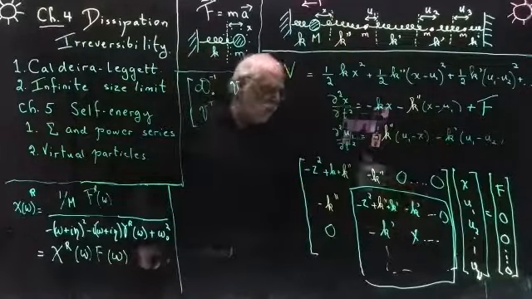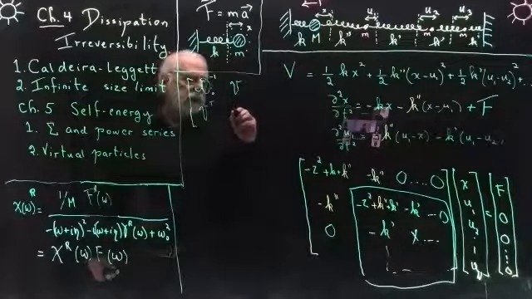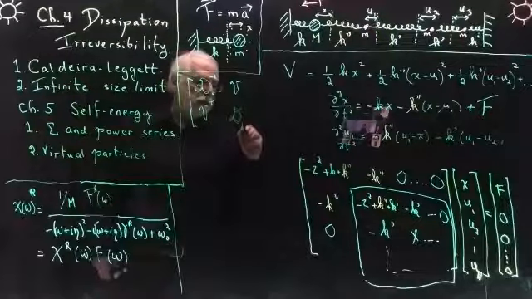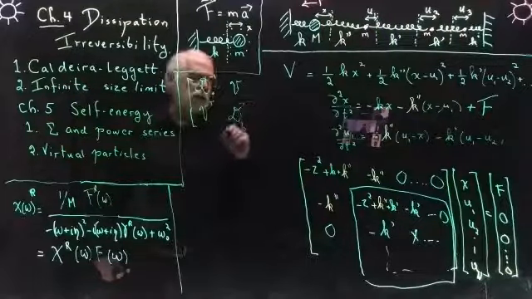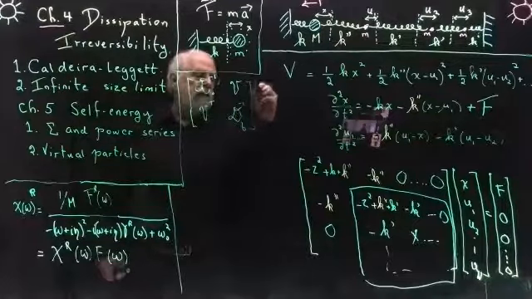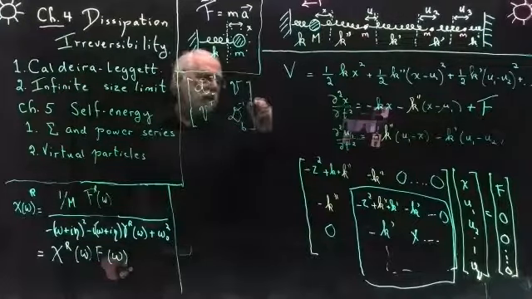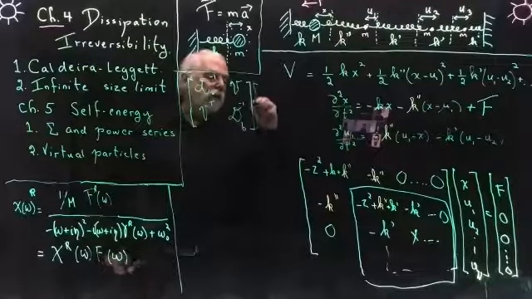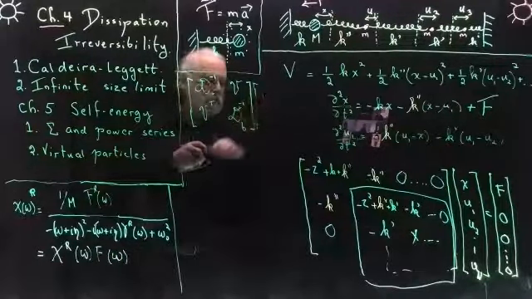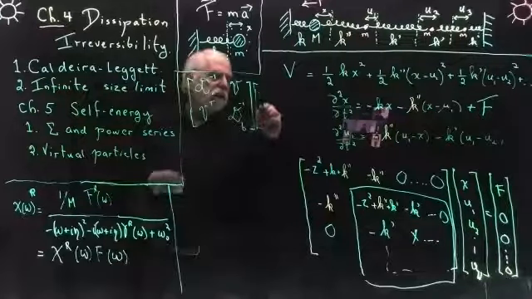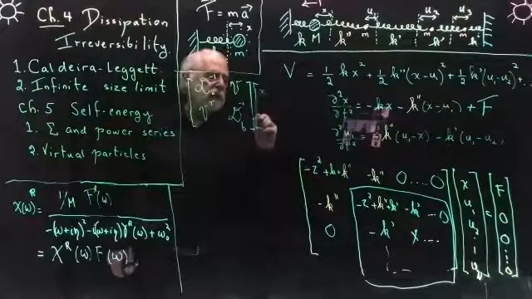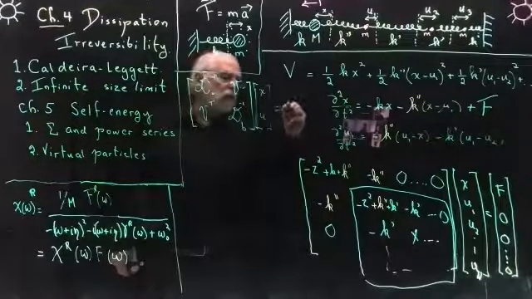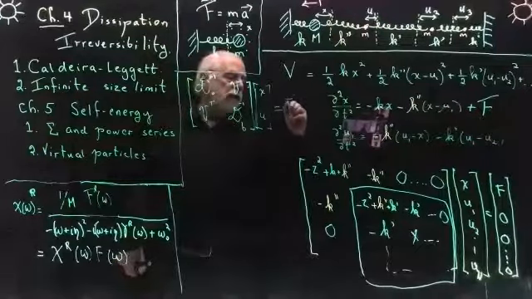And here I have a matrix that I will write as D, a propagator, D for the bath, to the minus 1. Then I have x and I have u, and it's equal to the force F.